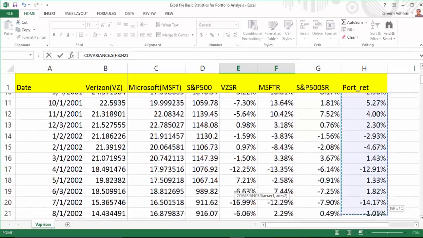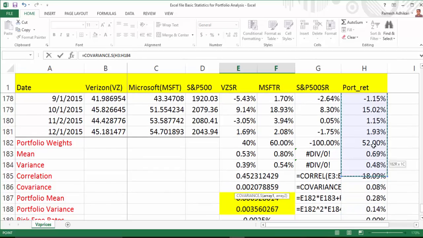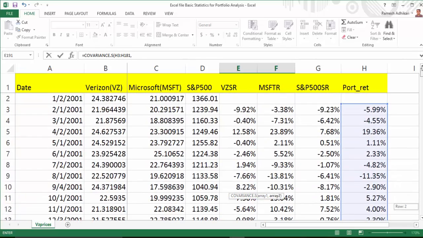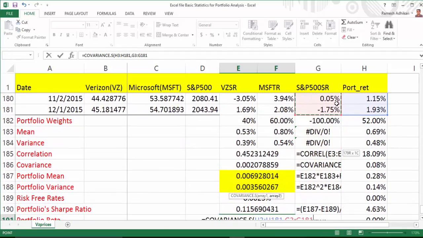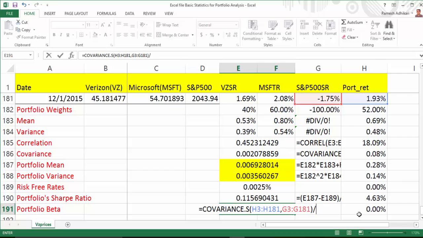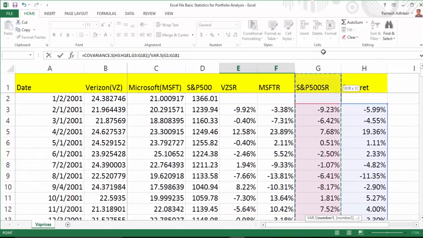I'm going to select the portfolio return series, comma, and now I need the market return series. Again, as I have said, the order doesn't matter. So that's the covariance between the market return and the portfolio return over the variance of the market return. So again, the variance of the market return. That's all we need.